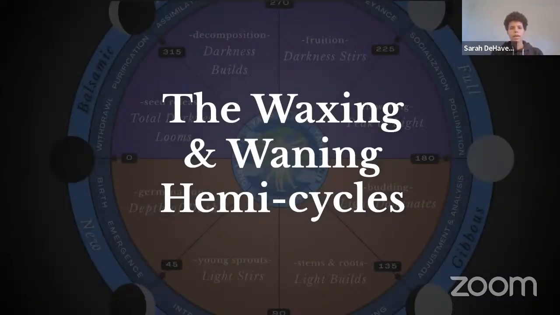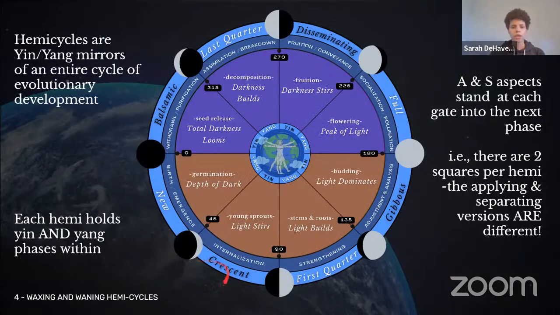So now let's look at the waxing and waning hemicycles. First off, I just want to say, looking at the chart, you'll notice that I've split it into 2 halves. Each half is considered a hemicycle or a half cycle. I'm borrowing hemicycle from Dane Rudhyar. That is his term, and it might be used by others, but that's where I've heard it from.